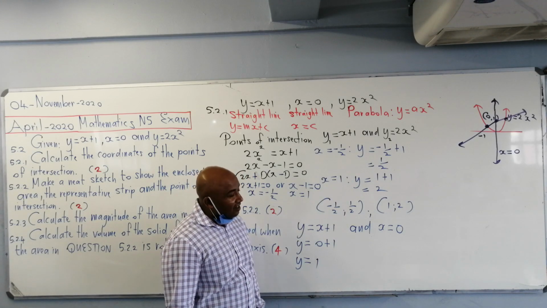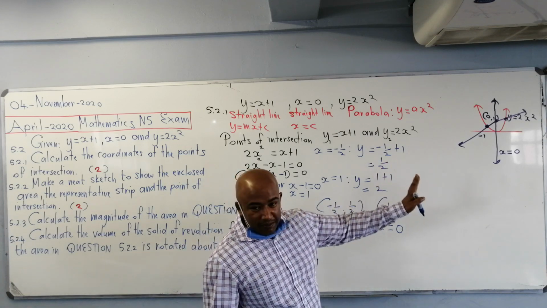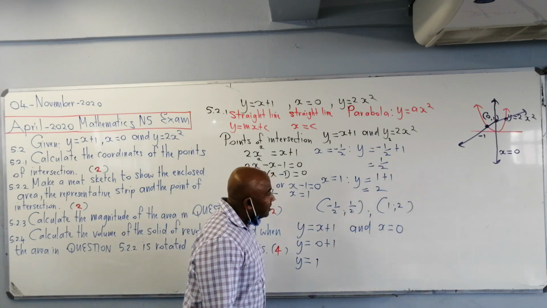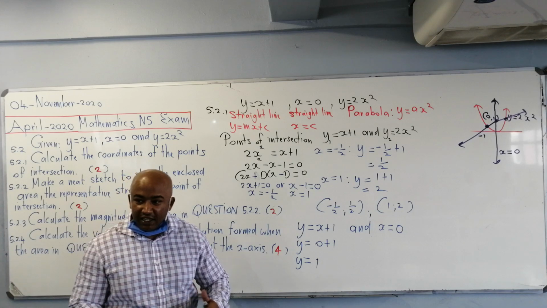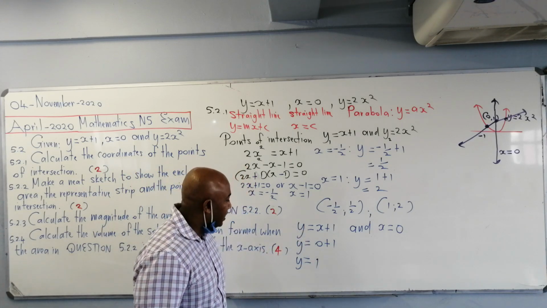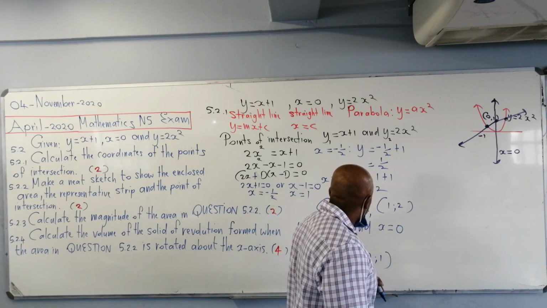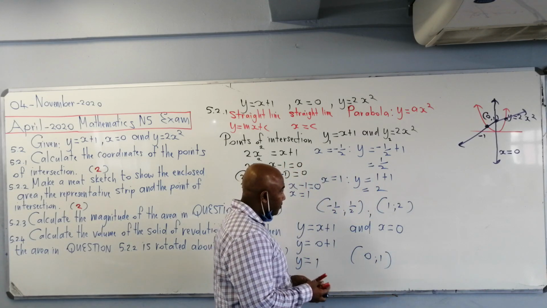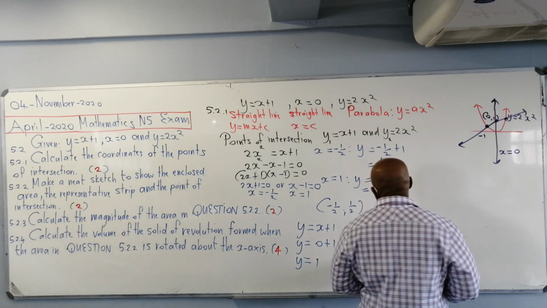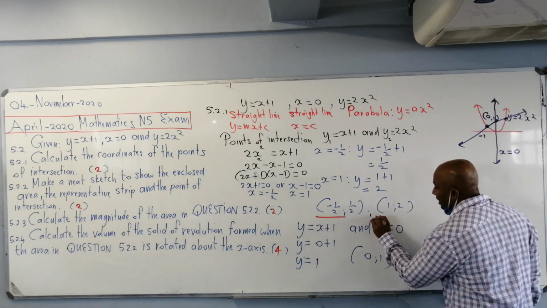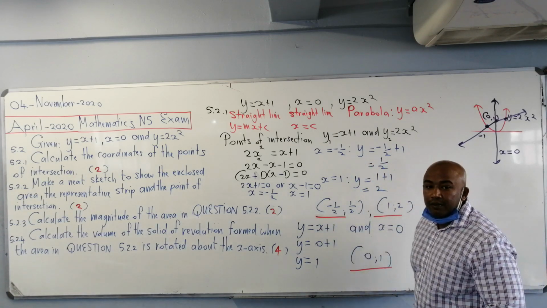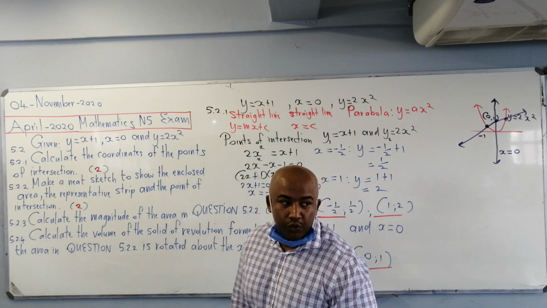Remember, that was our rough sketch. This is not the proper one, that's just a rough sketch. So we have an idea. You must have an idea of what you're working on. So we got 0 and 1. Right, so we got 1, 2, 3 points of intersection, not 2.